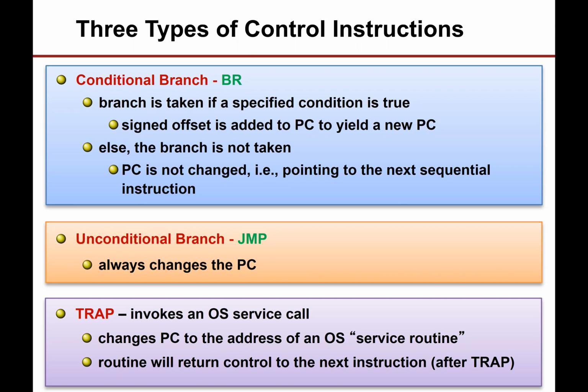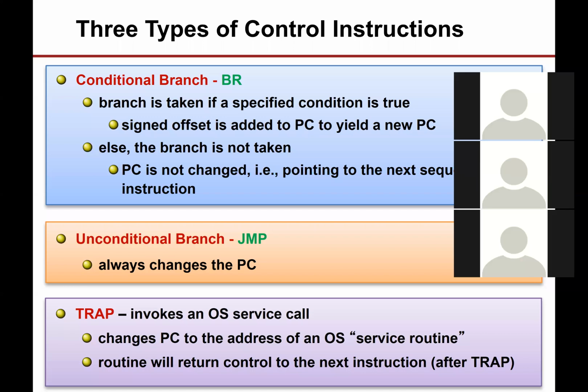The third is called trap. The trap is a special one. It allows us, working at the low level, to interact with the operating system. When we call operating system services, it's called a service routine.